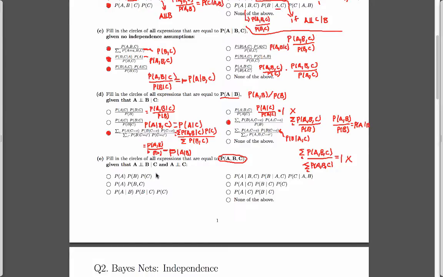There's no way to show that B is independent of C.